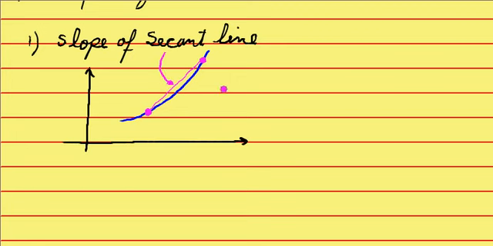Now if your function is given to you by some formula y is equal to f of x, and your base point here is given to you as, say, point A. If you want to find the slope of this line, you need to find the ratio of rise to run.